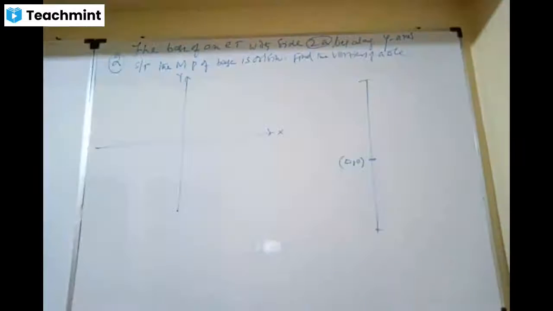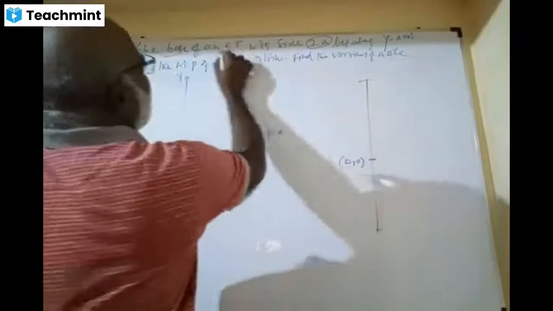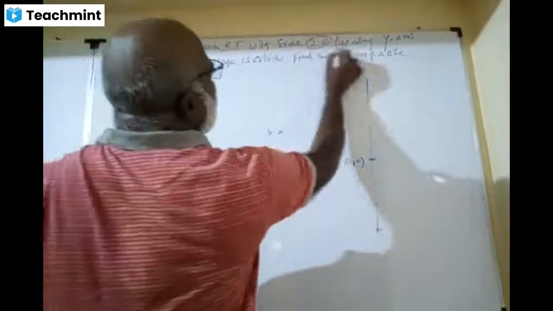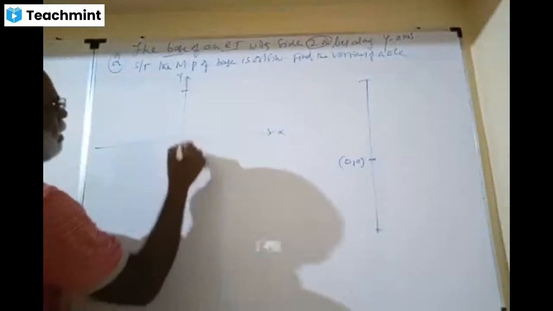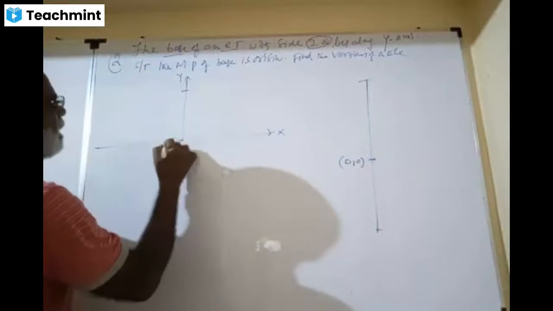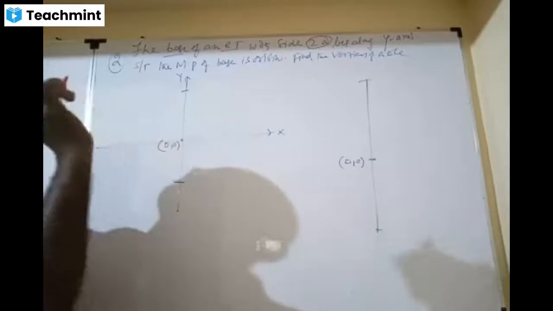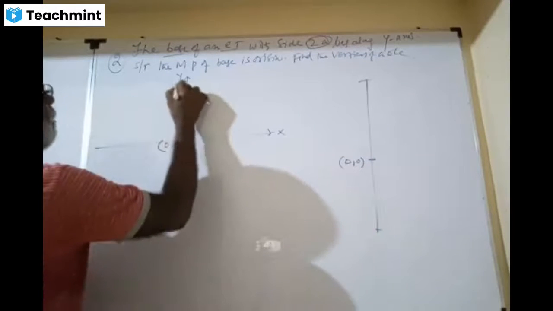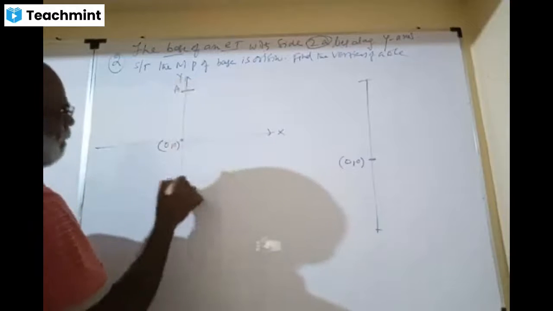He said that the base of an equilateral triangle with side 2A lies along the y-axis, and the midpoint of the base is the origin. Let us call the base AB.